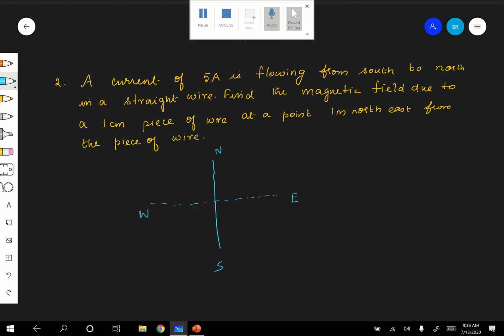Now, what is the direction here? It is from south to north. Okay, current is 5 amps, flowing south to north, and you have a very small piece of wire here at the origin that you are keeping. Okay, what is the length of the wire? Here it is given I is equal to 5 amps.